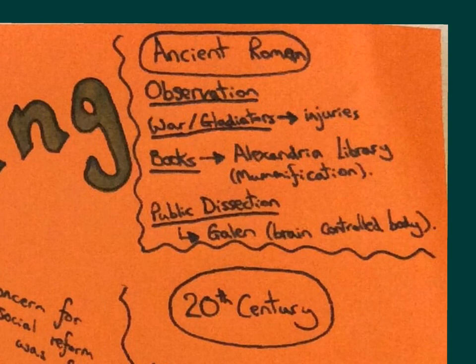Another way that ancient Romans would learn about the body and how they were going to treat their patients is through books. The most famous library that was used was the Alexandria Library, which was actually in Egypt, but this was part of the Roman Empire. And the books there contained a wealth of knowledge from all over Europe and slightly further afield as well.